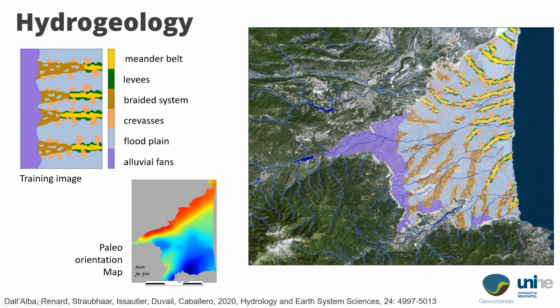This is just an example in 2 dimensions, but it's a 3D problem. And with DeeSse, we could integrate some maps of paleo orientation of the channels in the area of the rivers, and also some trends. Here I don't show the map of the trend, but you see that the training image has a trend. It's not a stationary training image.